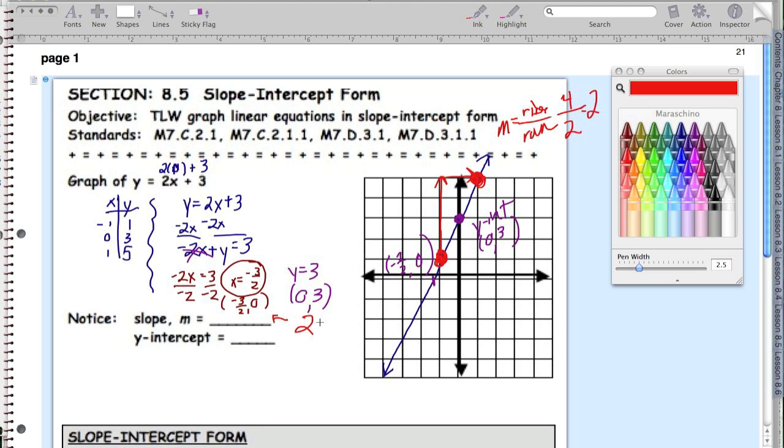Then my y-intercept, we already found actually in the other method, but we could just look at this graph and see that it's crossing right at the y-axis at (0, 3). So my y-intercept is 3. Now what I'd like you to do is take a second and look at the original equation, y equals 2x plus 3, and then what we found here, our slope is 2, our y-intercept is 3, and what do you notice?